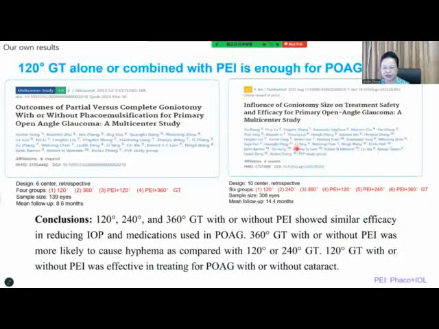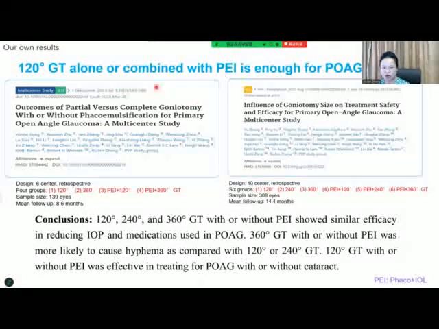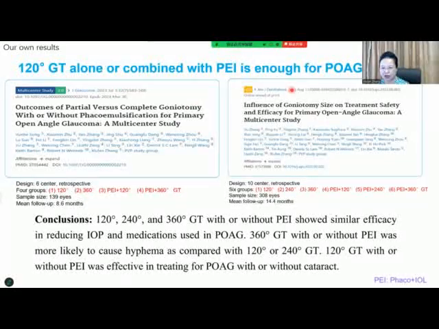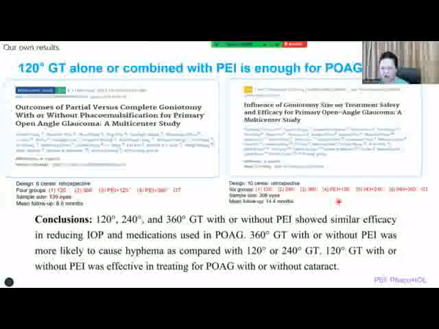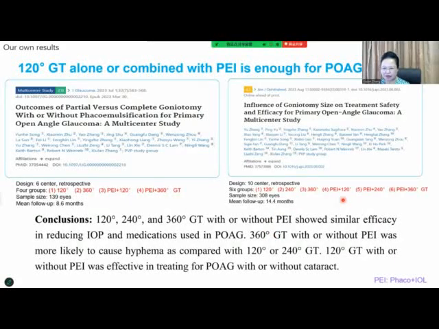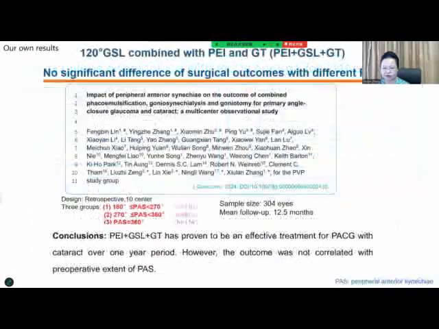Two multicenter studies confirmed that 120-degree GT alone or combined with PEI is enough for POAG, when comparing 120-degree, 240-degree, and 300-degree with or without PEI. That is, 120-degree GT is enough.